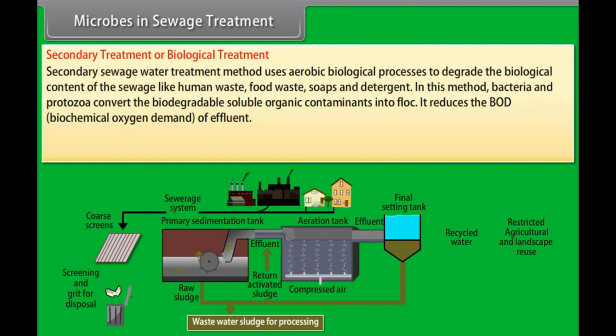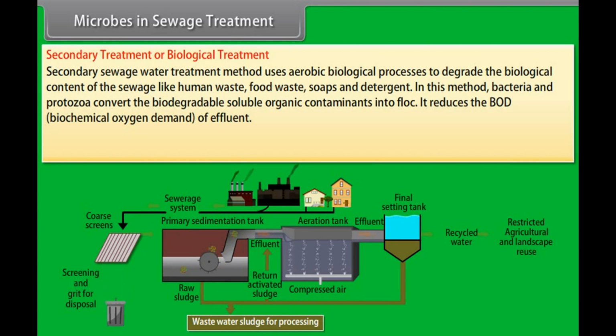Secondary sewage water treatment uses an aerobic biological process to degrade the biological content of the sewage like human waste, food waste, soaps and detergent. In this method, bacteria and protozoa convert the biodegradable soluble organic contaminants into floc.